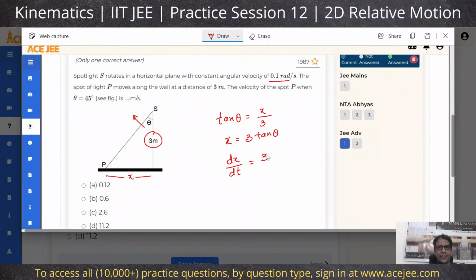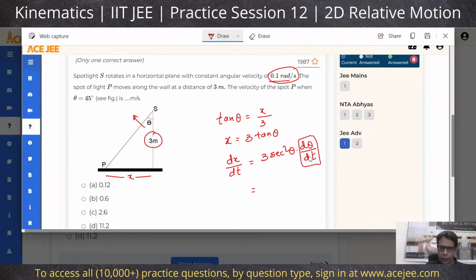And beta, what is the derivative of tan theta, Ruchika? What is the derivative of tan? Sec square theta. D theta by dt. We have been given d theta by dt, that is 0.1 radians per second. At the instant when this angle is 45 degrees, what is secant square theta?